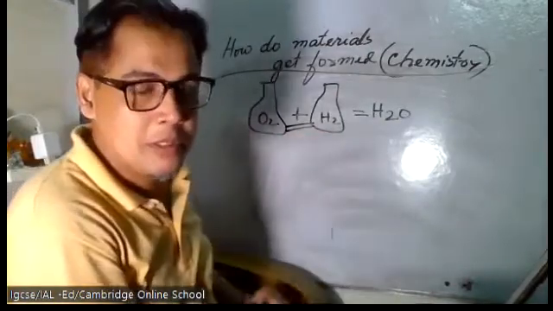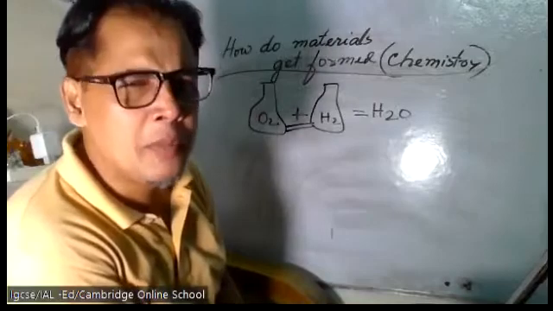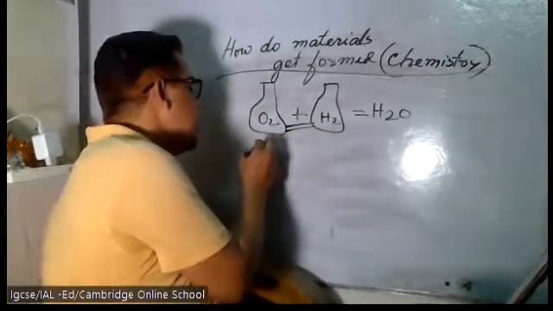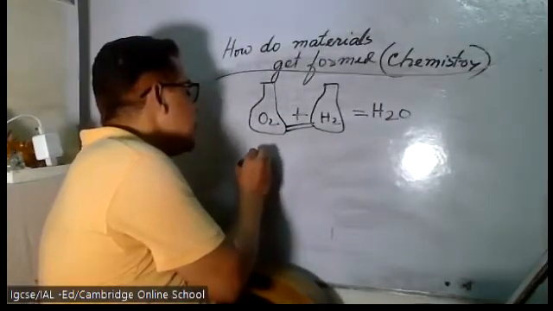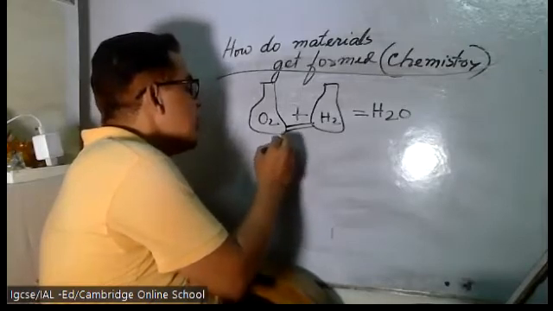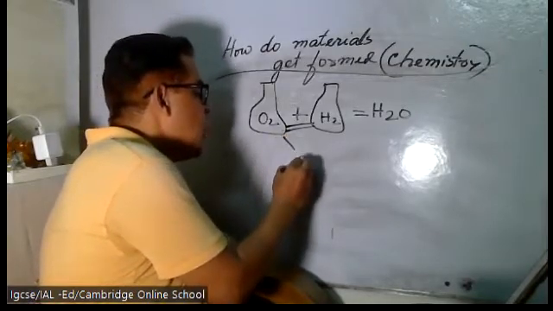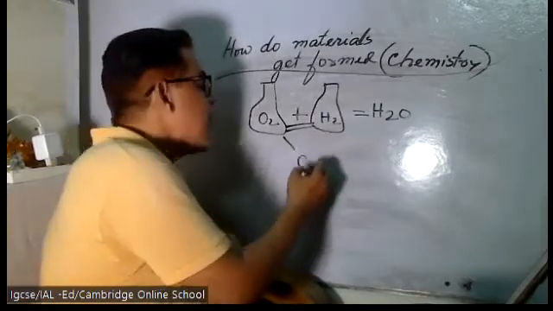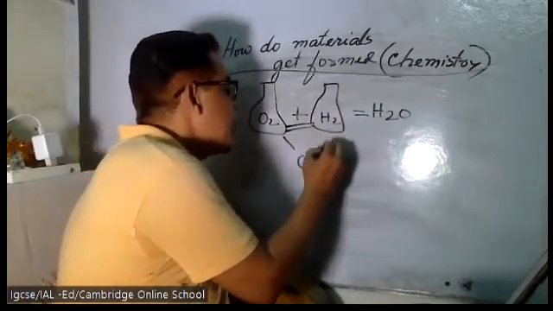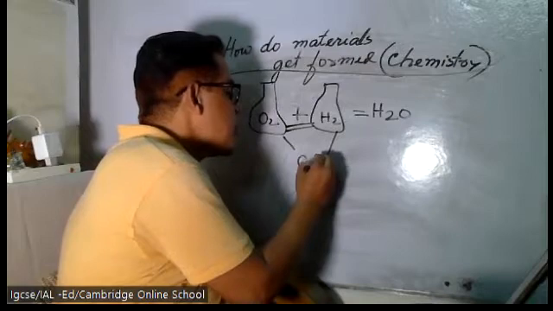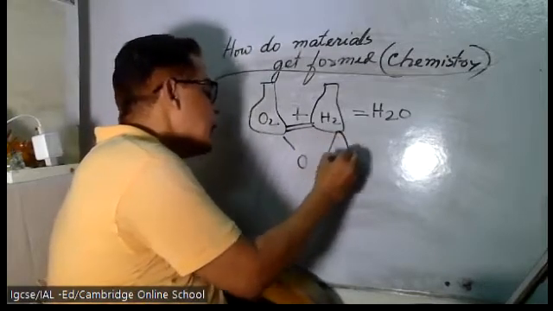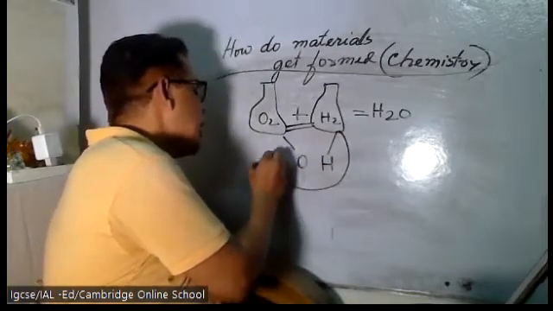These materials have to be converted into molecules. You may ask, sir, what is a molecule? Molecules mean this oxygen will be converted into O, and this hydrogen will be converted into one hydrogen and another hydrogen.